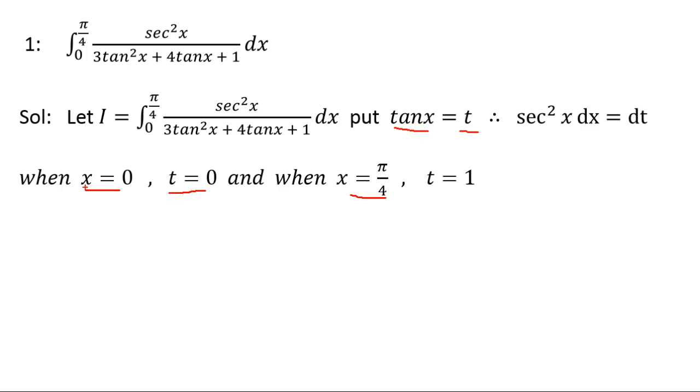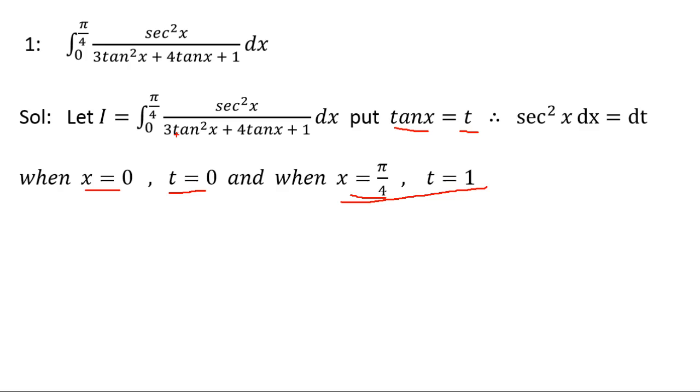So when x is equal to 0, t is equal to 0. Now, when x is equal to pi by 4, t will be equal to tan pi by 4. Tan pi by 4 is 1. So when x is equal to pi by 4, t is equal to 1.